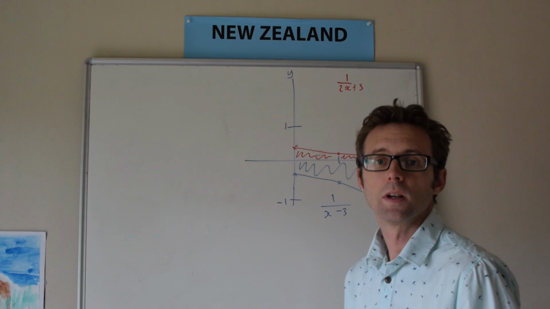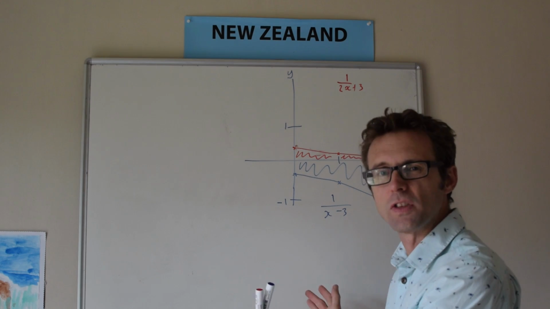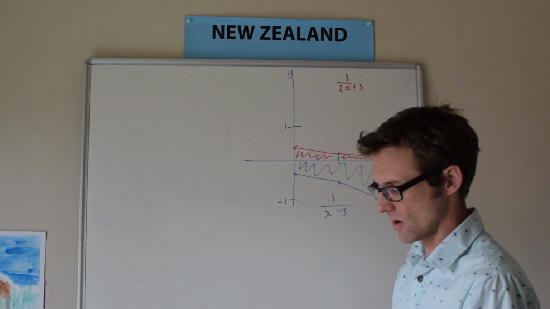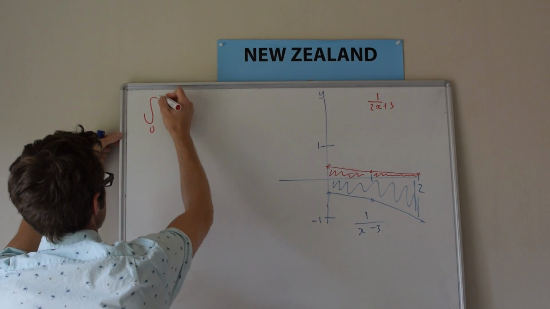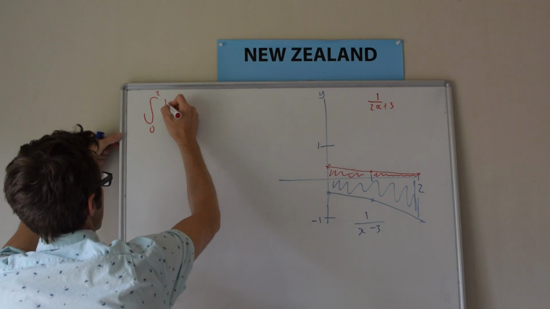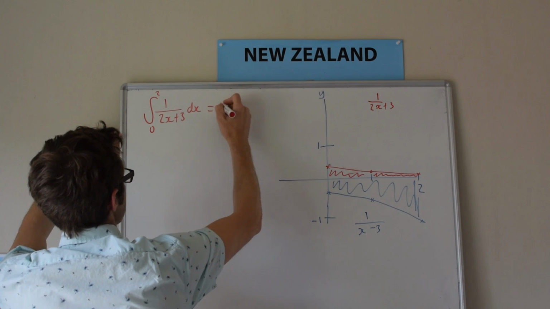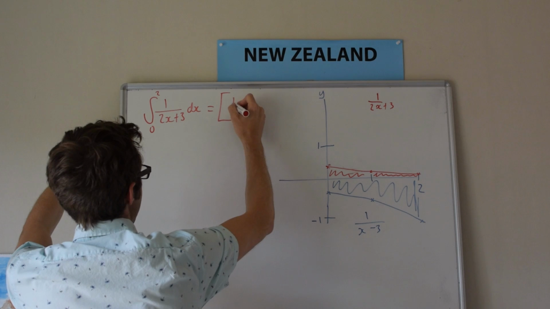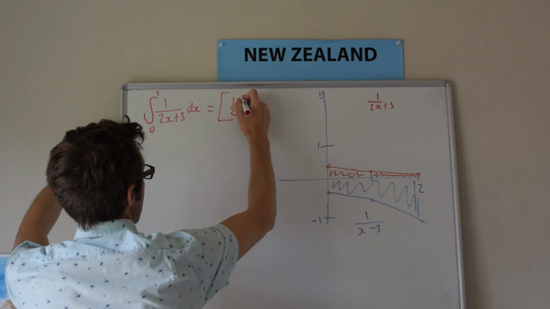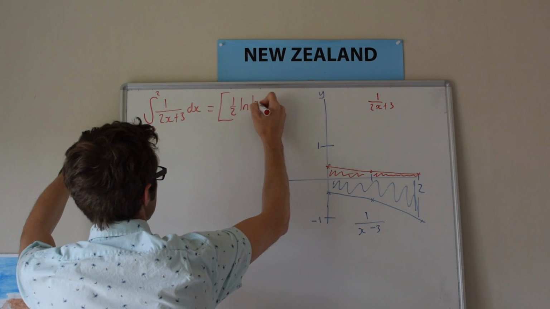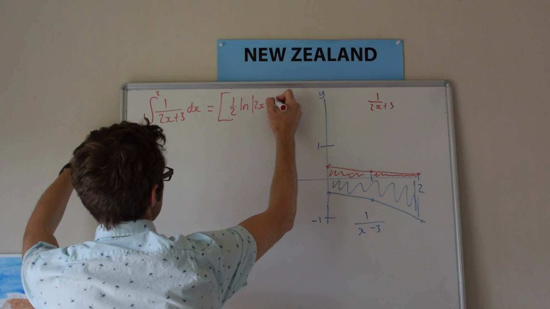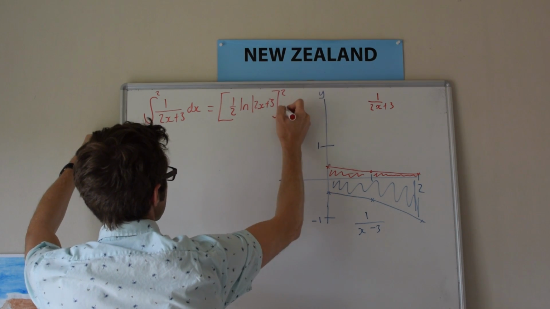So we're going to do the integrals for each of them between 0 and 2. So let's start with our red one. So my first one is going to be the integral of the red one. So that's 1 over 2x plus 3 dx. And that is simply going to be half, 1 over a, ln modulus 2x plus 3, and we're doing that between 0 and 2.